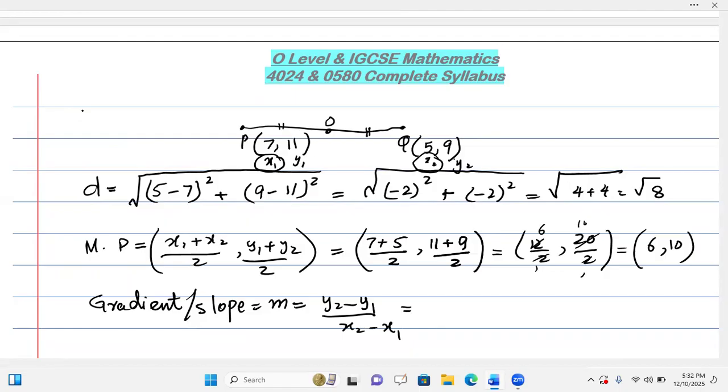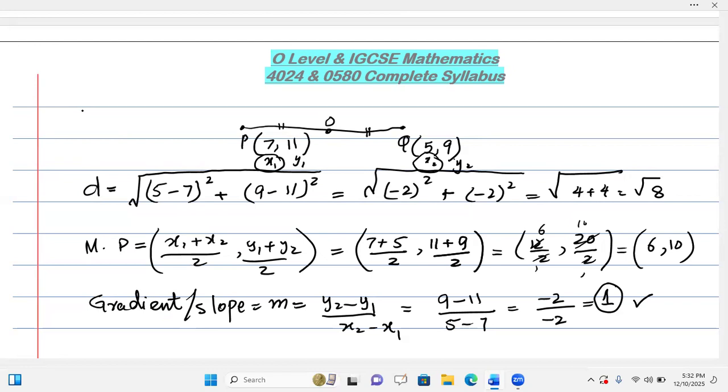For implementation of this formula, y2 is 9, y1 is 11, so 9 minus 11 over 5 minus 7. 9 minus 11 is minus 2 over 5 minus 7 as minus 2, everything cancels, and I am getting 1 as the gradient between both of these points.